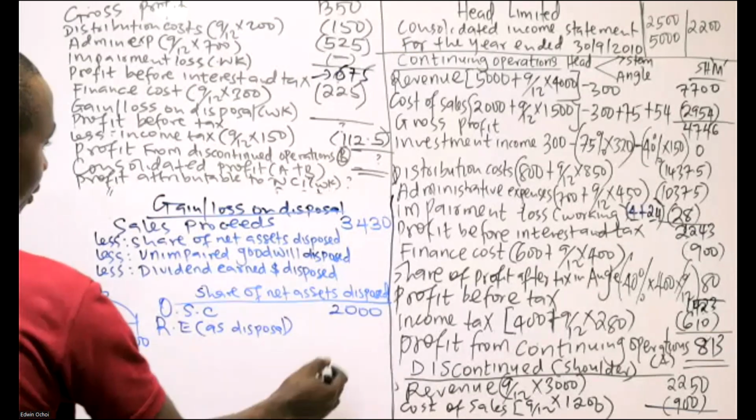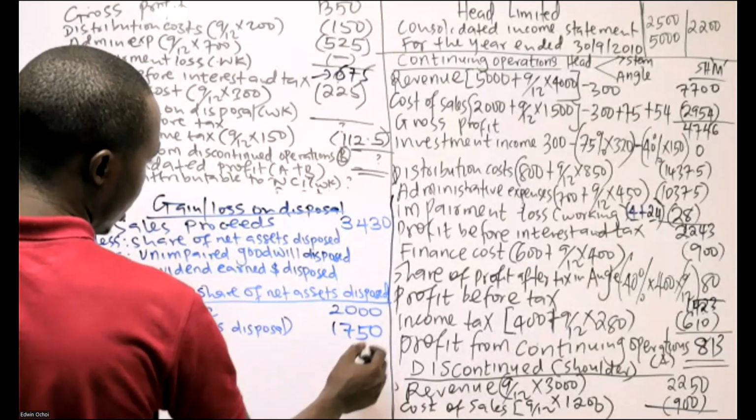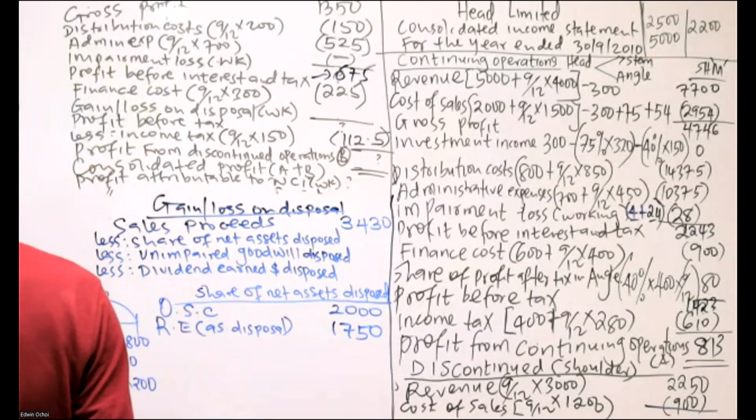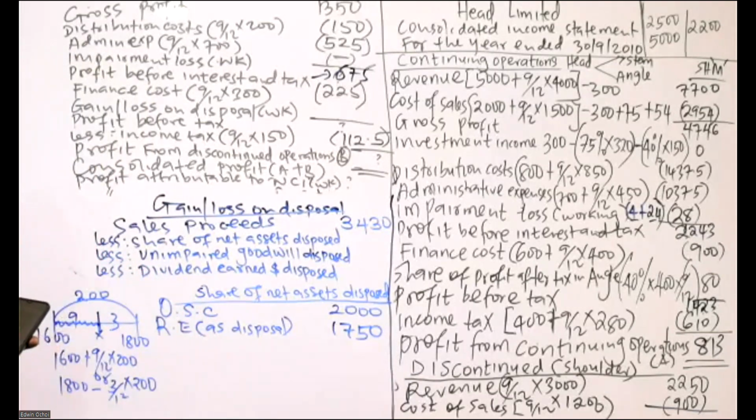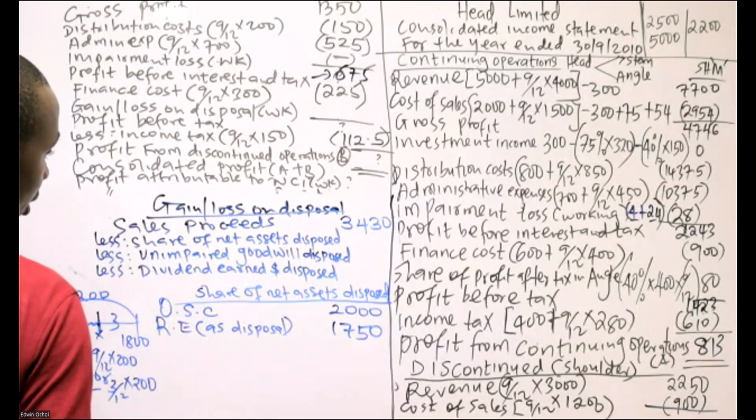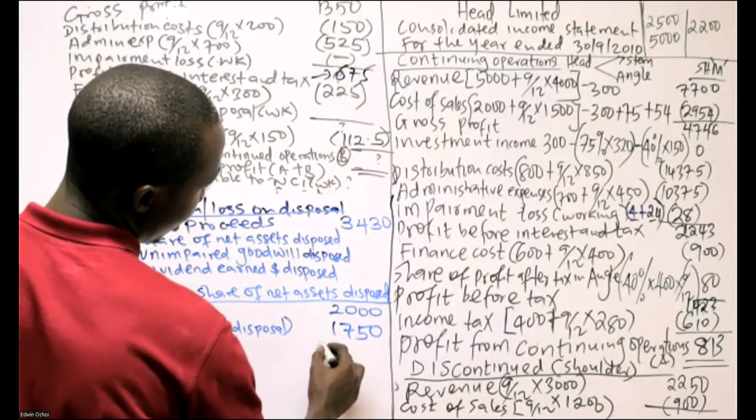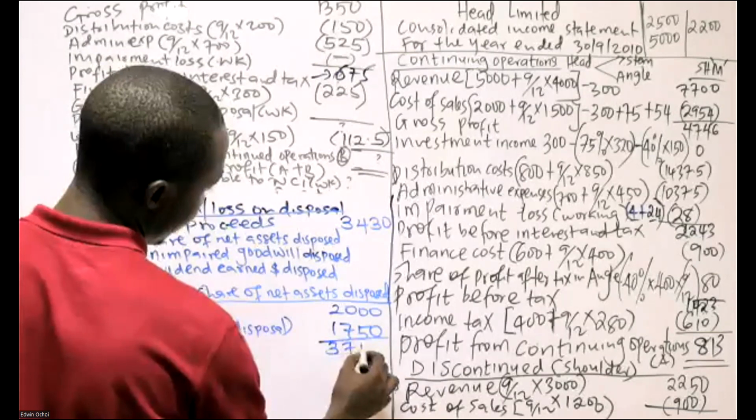So this is 1750. Those are the two net assets which were there. We don't have any other net asset for Shoulder, so you add them. You get 3750.